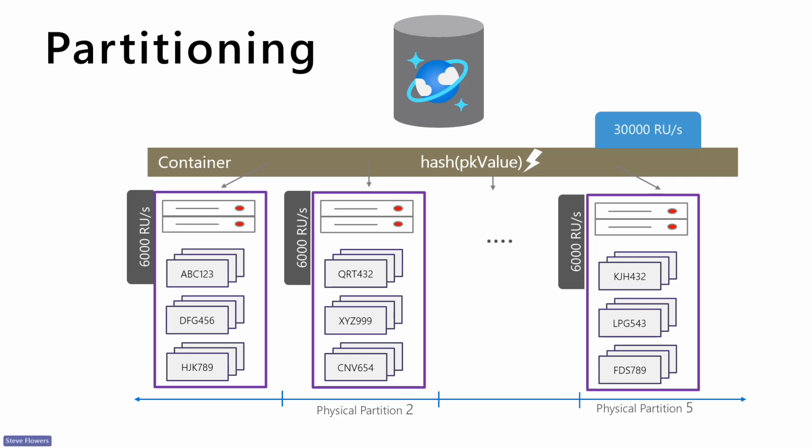And that's important because a logical partition is limited to a single node. So we can't span partitions across multiple physical node boundaries. So we may have larger partitions which take up a majority of a specific node, and we may have nodes with many smaller logical partitions as well. But the goal is to have as much cardinality within our partition key as we can.